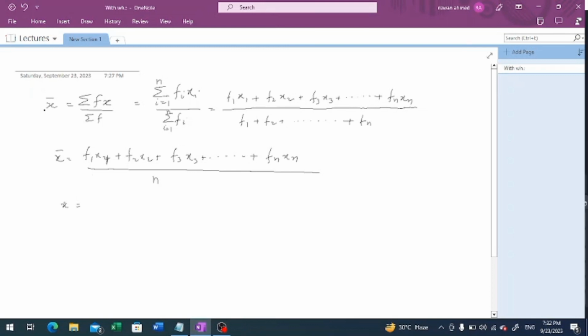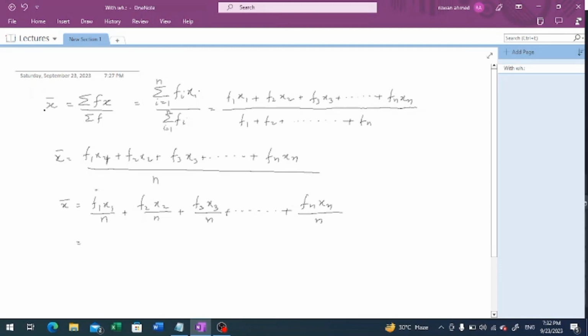Splitting all the terms involved in the numerator and writing it down as a separate divisor with n value, and up to n terms again.